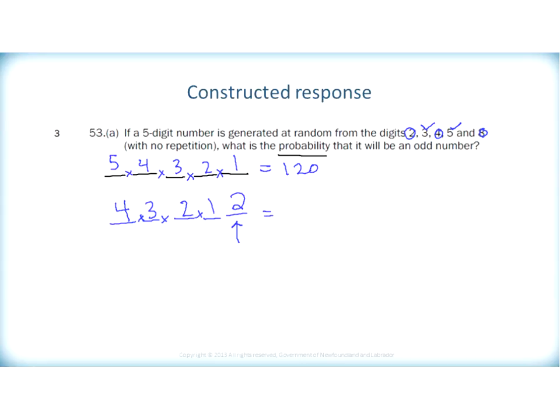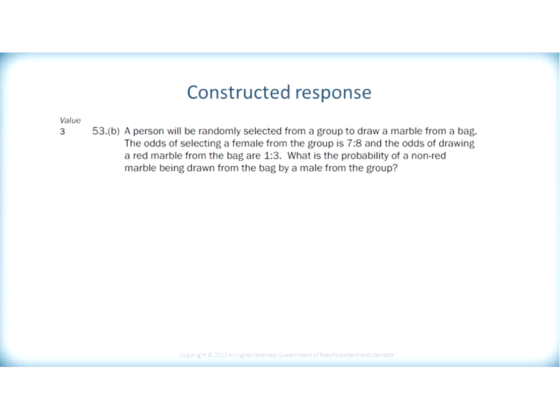This would give us a total of 48. And so the probability of an odd is going to equal the 48 over the 120, which will give us 2 over 5, or 0.4, or 40%. So don't forget, when we're talking about probability, we need to find the total first.